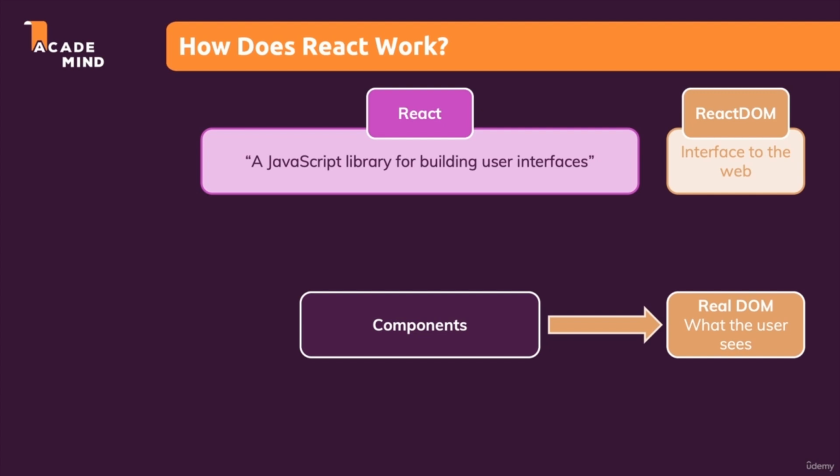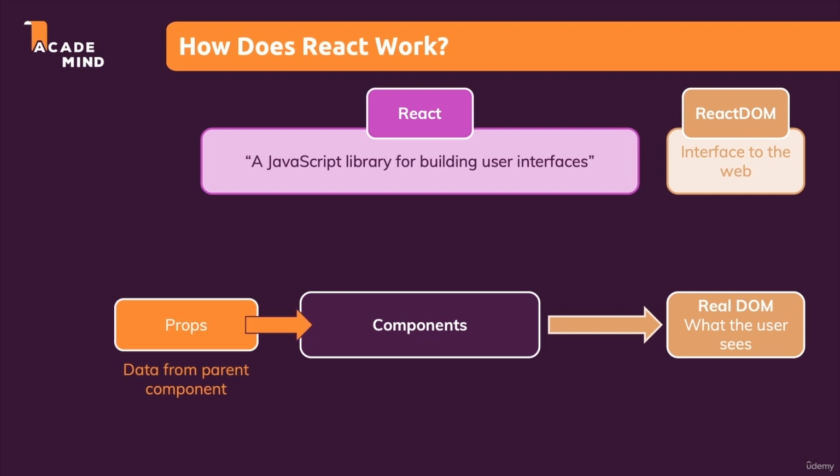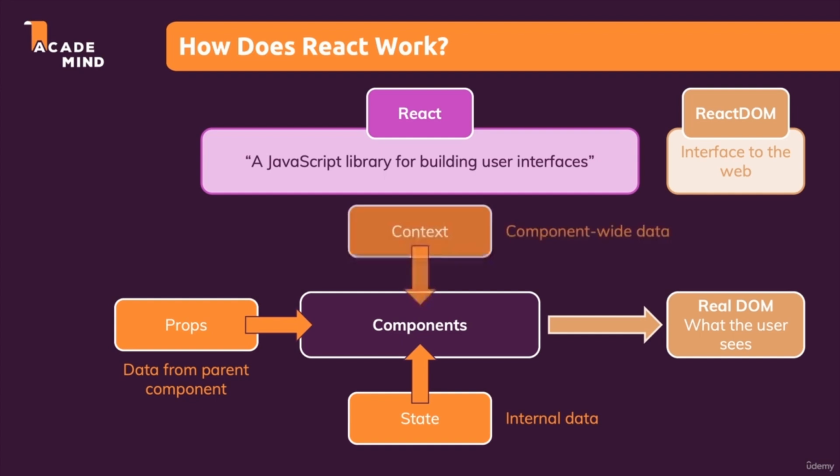React only cares about components. It cares about props, which is basically data you pass to components to make components configurable and to enable parent-child component communication. React cares about state, which is internal data inside of a component. And React cares about context, which is component-wide data. Now, of course, React has a couple of other features built in as well, but these are the core features.